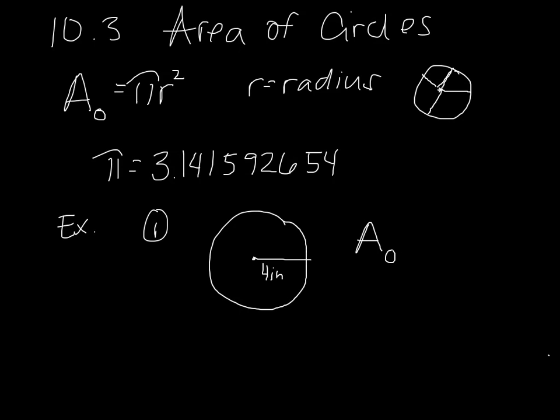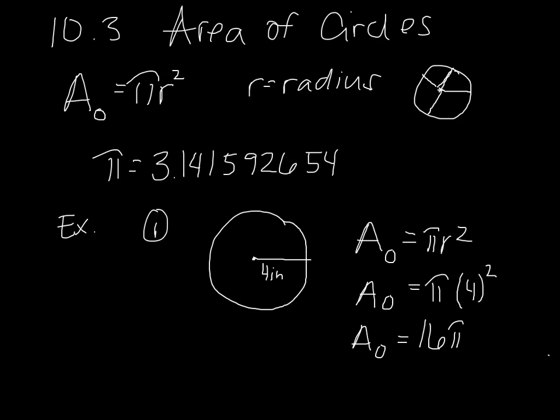Area of a circle is pi r squared. Area of a circle, line it up, you guys, equals, get your equals in line, pi times 4 inches squared. So our area of this circle is 16 pi.